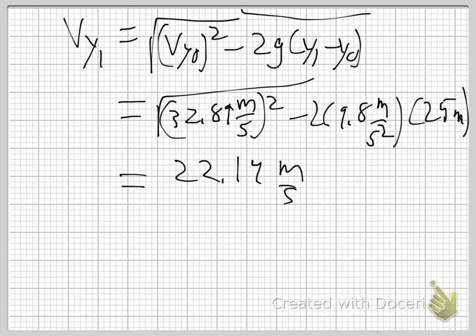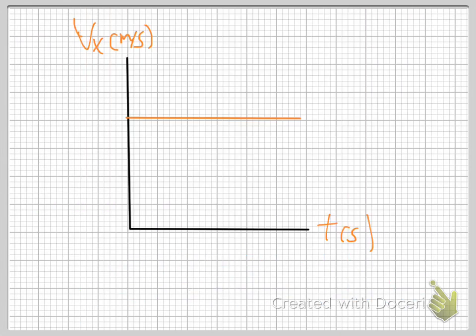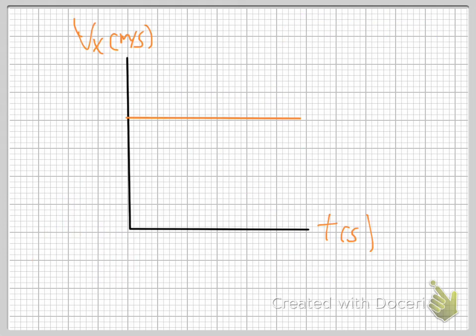So it is still moving up. If we want to go back to this equation, if we start at that red line, it's going to be basically somewhere around here. Yes, it's slowed down, but it is still moving up.